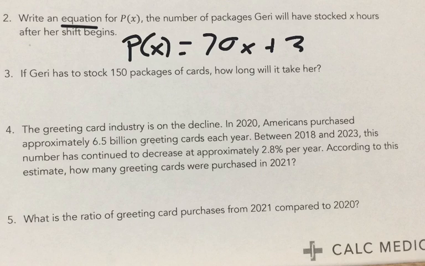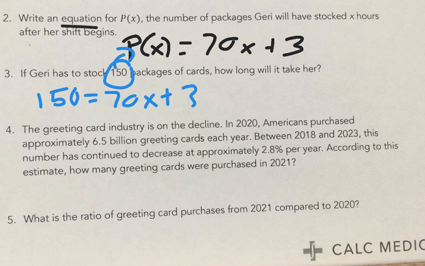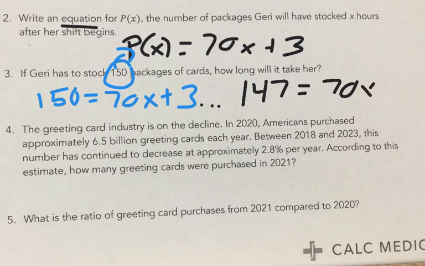Yes, that's true. We're plugging in 150 for y, right? 150 for p of x. So we could say 150 equals 70x plus 3, and then we're solving for x. So subtract 3, which is 147 equals 70x. And then here's what you guys were saying. Take 147, divide it by 70.